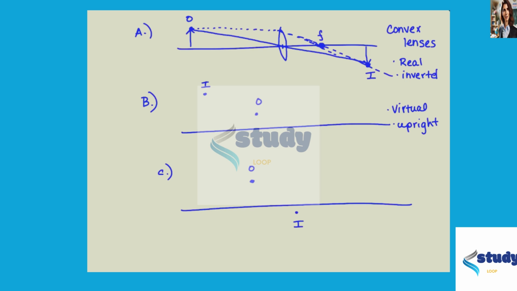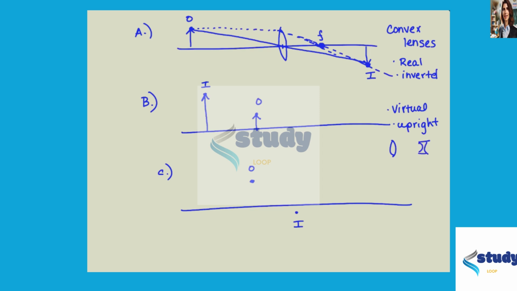So it could be a concave or convex lens, but we can also notice that the image is larger than my object. Now, only convex lenses can create an enlargement. Again, convex lenses are the only ones that can create enlargements.